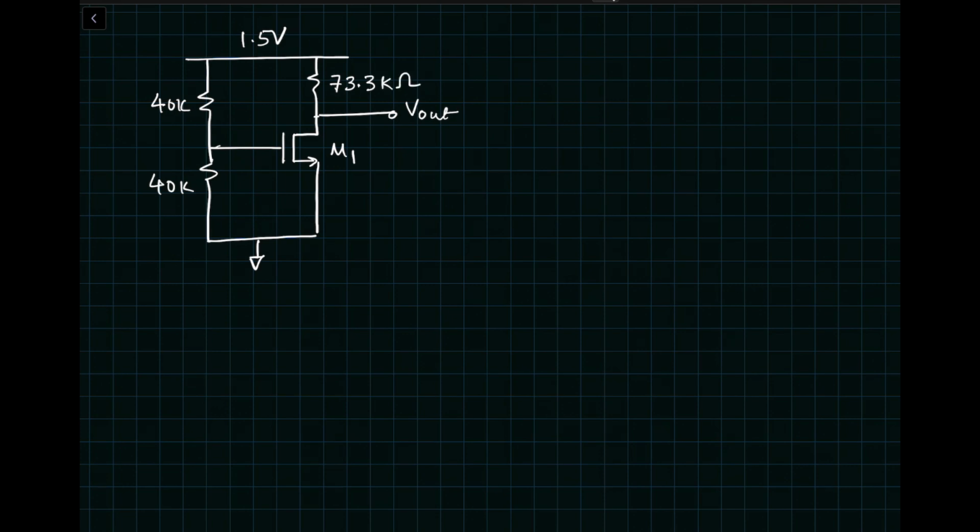If we had done a similar analysis like before, assuming M1 in saturation, then our output voltage Vout would have been 1.5 volts minus 73.3K times 102.375 microamps. And that would have given us a value of minus 6 volts.